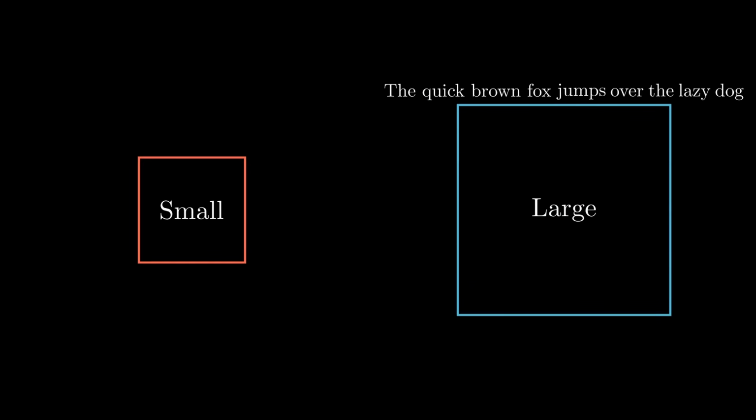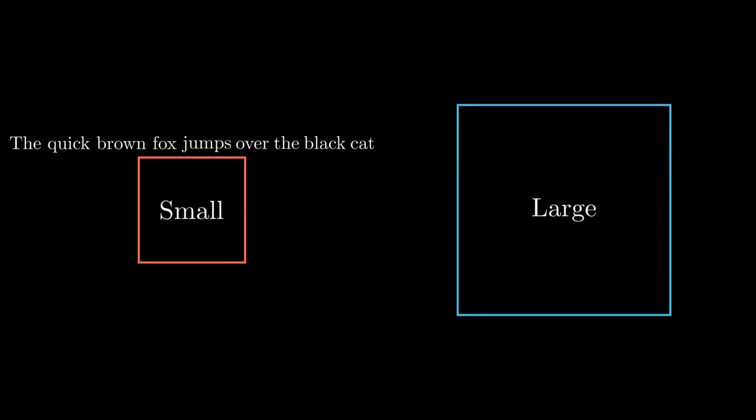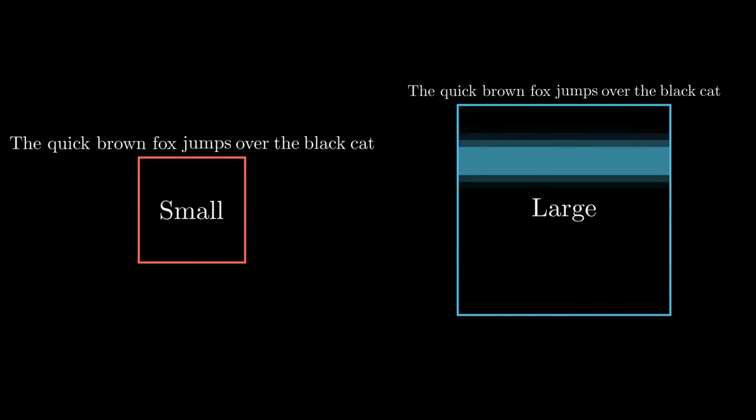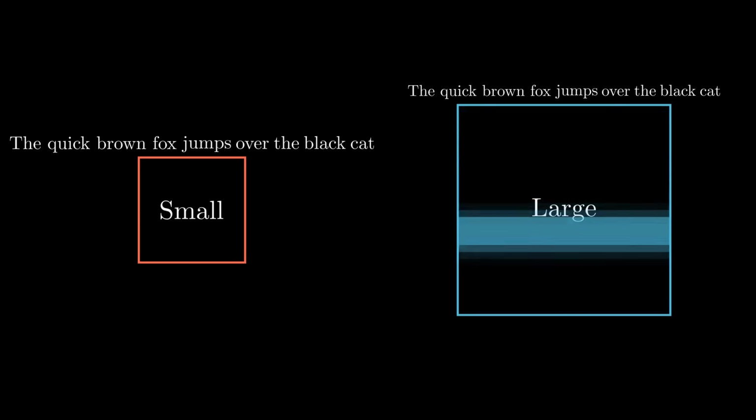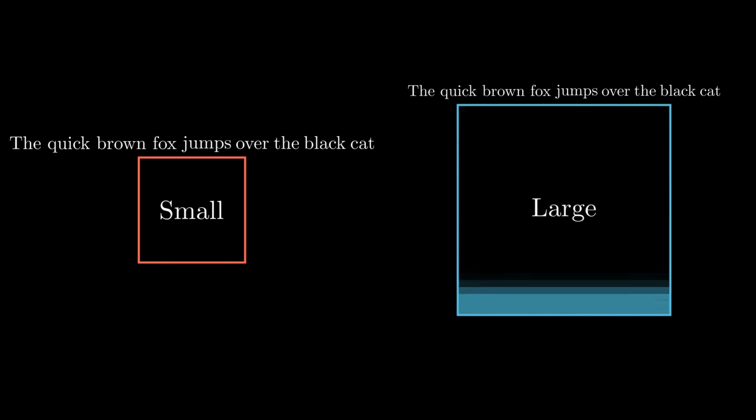In comparison, you can run 5 passes of the smaller model on this prompt, which is much faster. So let's say the model ended up generating jumps over the black cat. Now we exploit the fact that our model can output probability distributions in parallel. So we pass all of these generated tokens, the entire sequence, into the larger model to verify that our small model was not being stupid.